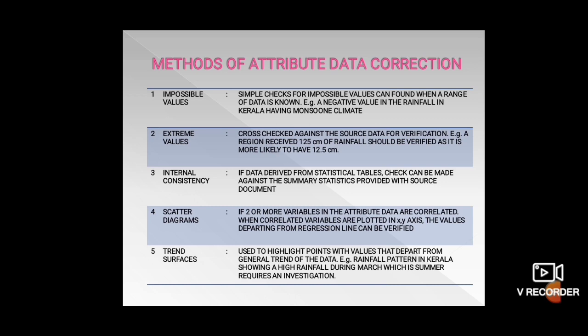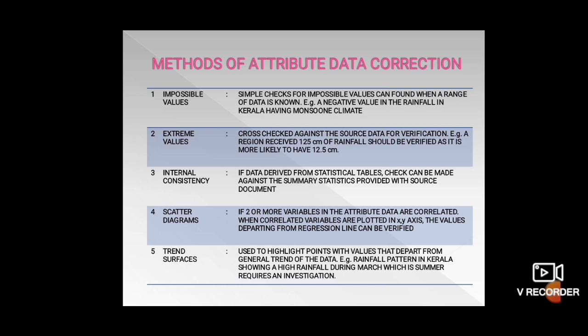A simple check for an impossible value can be done when the range of data is known. Here we already know that a region with heavy rainfall cannot have a negative rainfall value during a particular season. So this can be checked with the original data.